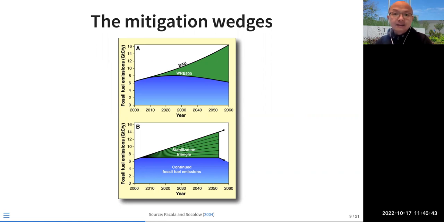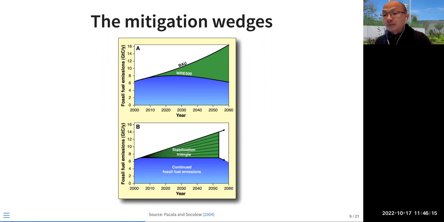The idea is, if we compare the business as usual, where we just do what we have been doing, then we are on a trajectory to reach high emissions. And in order to achieve our goal, we have a different pathway, right? The difference between these two pathways is the emission gap, as we just discussed.